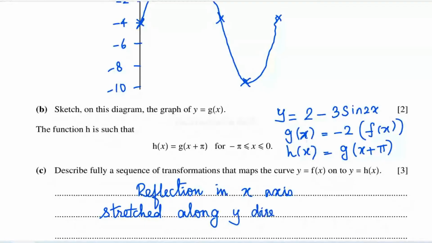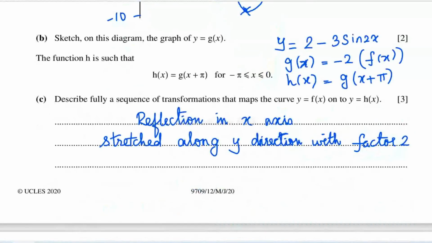Stretched along y direction with factor 2. Next, g of x plus pi, that means it's a translation by negative pi in the x direction.